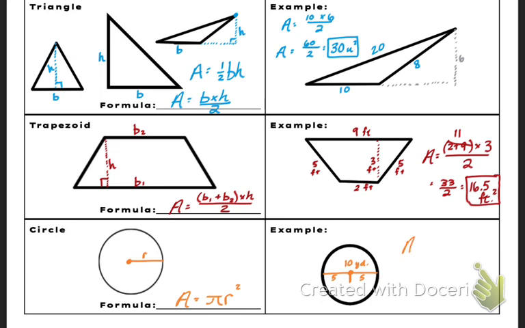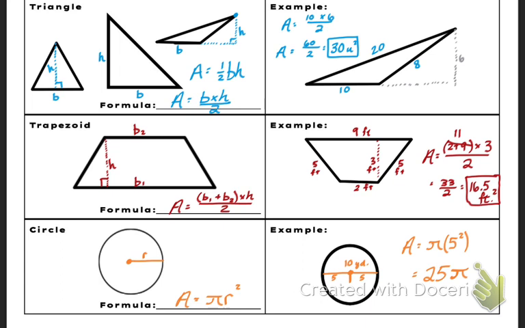So when I set up my area formula, I need to do pi times radius, which is 5 squared. Okay, pi r squared. So on my calculator, I will take 5 squared, which is 25, times pi. Now, we have two ways we can show this answer. You can leave it as 25 pi. That would be an acceptable answer, leaving it with pi as part of your solution.